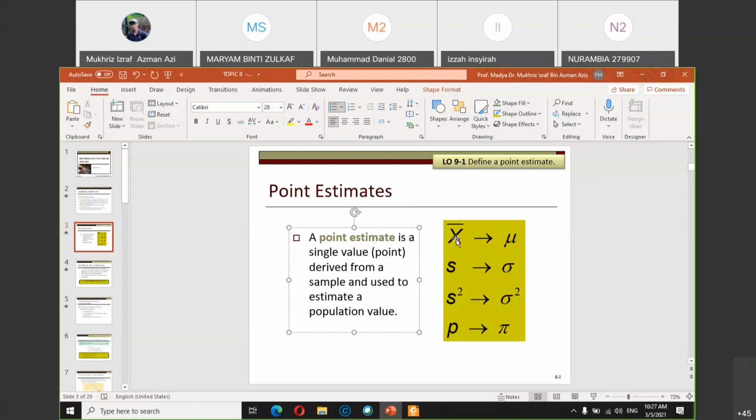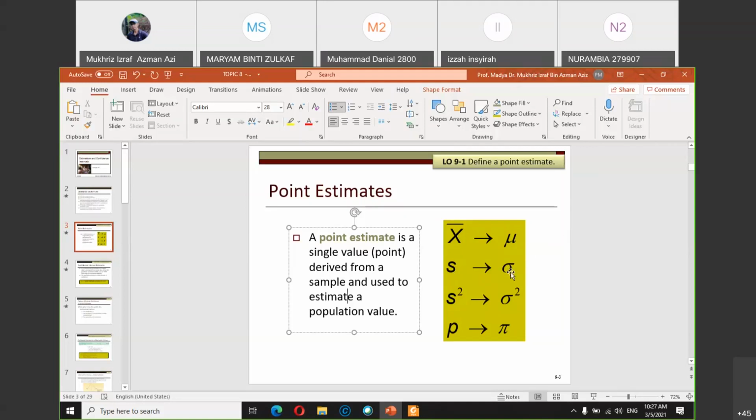So you have looked at how to calculate the mean. The formula to calculate the mean from a sample and from a population is exactly the same: summation of x divided by n. There is no difference. But between sample standard deviation and population standard deviation, we know there is a slight difference in the formula. For a sample, you need to divide by n minus 1, but for a population, you just divide by n.